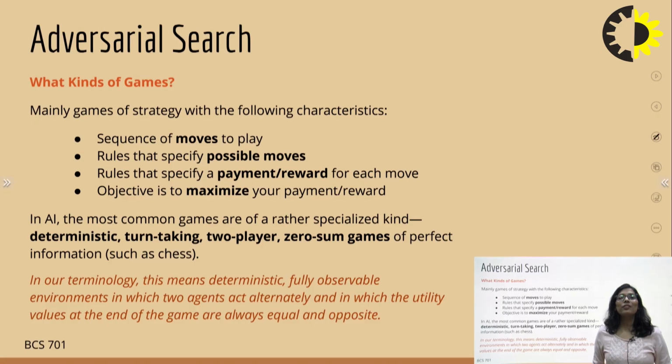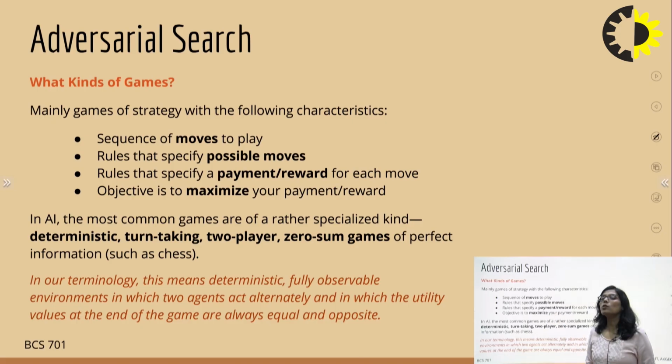So which kind of games should we play? In adversarial search, there is a specific set of games that we want to solve through our agents. The games will have these characteristic features. They have sequences of moves to play, so they will be a multi-agent environment and obviously have a sequence of moves. Also, they should have rules to specify the possible moves. So there is a set of valid moves and we have to follow those valid moves so as to reach the goal.